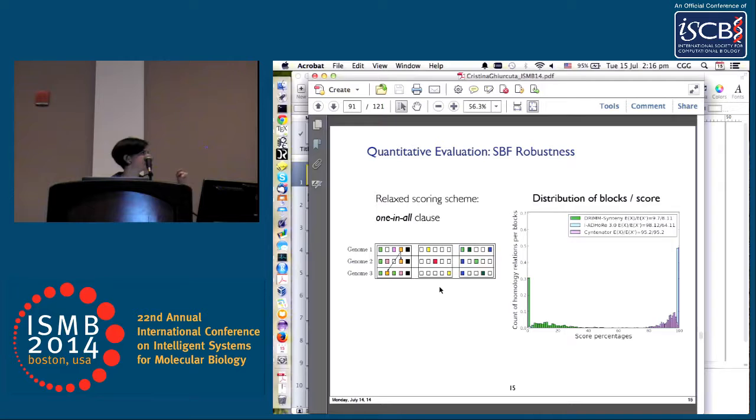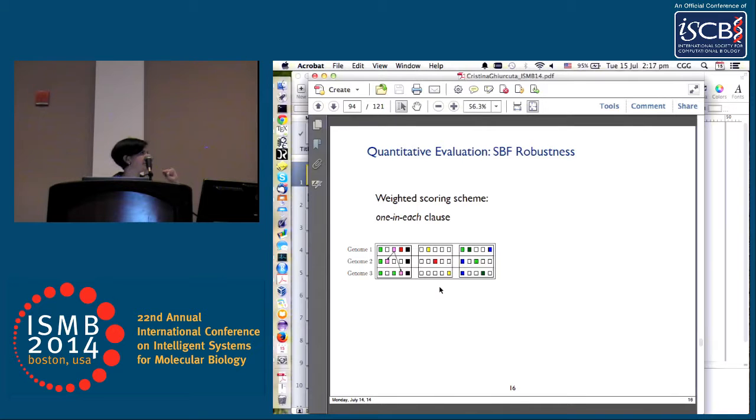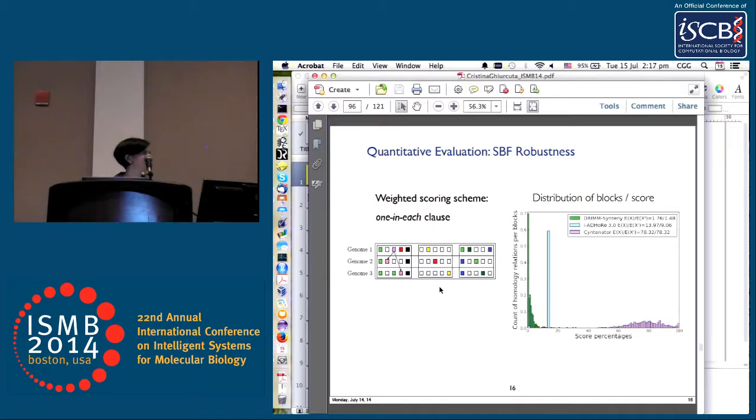Now, if we take this measure further, and we require that each marker has a homologous counterpart in every other synteny block, part of the same synteny block family, then we see that there is a huge change in trend in the synteny block families produced by Iador. So here the tool is less picky about the markers that it places in a synteny block family.